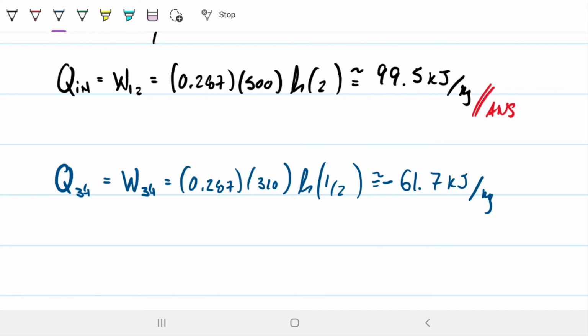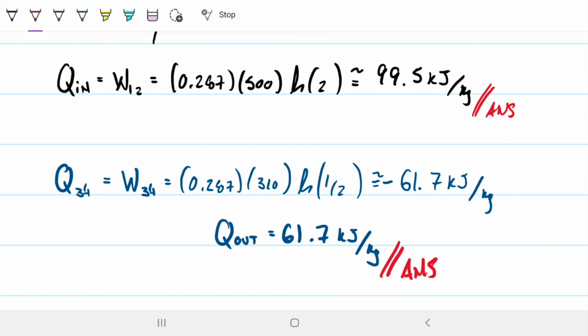There are two ways we can write this. The negative value is telling you this is being outputted. The other way is to just say Q out equals 61.7, because both say the same thing. Heat is being outputted from the cycle, and if you write Q out, it's already implicit that this is being outputted from the cycle. So that is our answer.